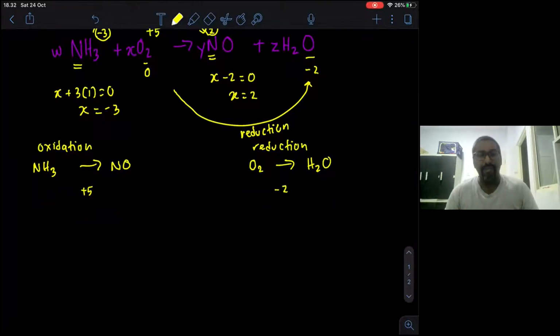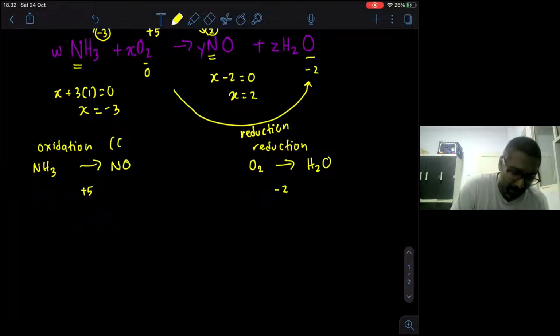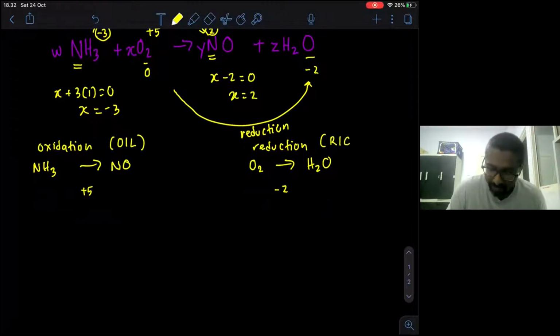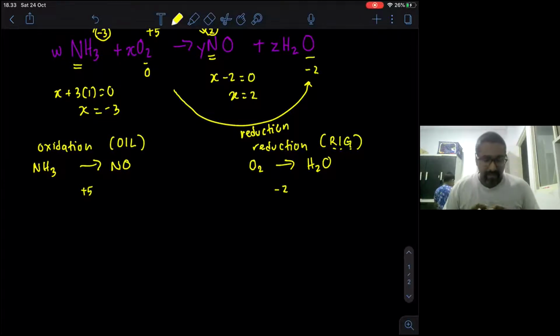Now, when it comes to the definition for oxidation and reduction, you can remember OIL RIG. Oxidation is loss of electrons. Reduction is gain of electrons.